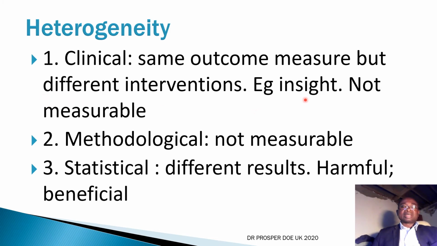Secondly, there's methodological heterogeneity, which is not measurable. And thirdly, statistical heterogeneity, where different results are looked at, for example, harmful and beneficial results.